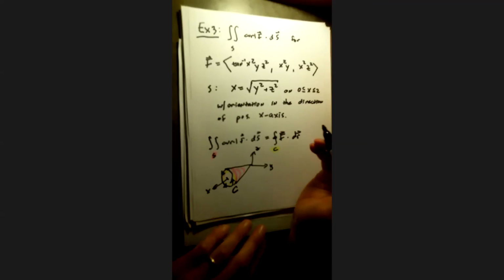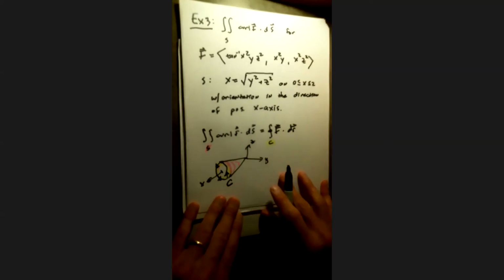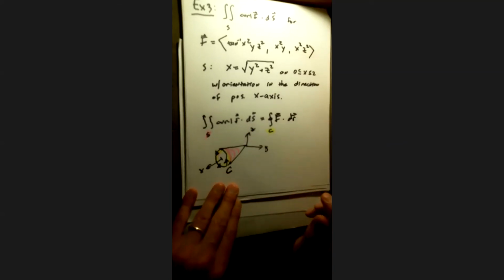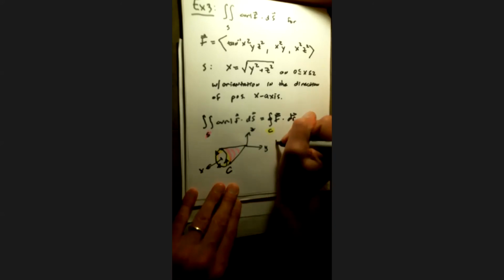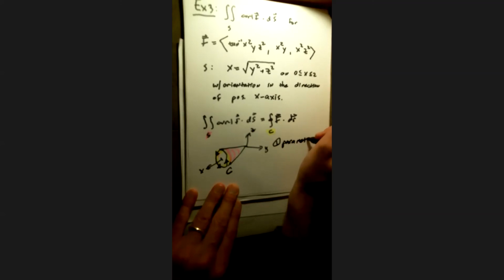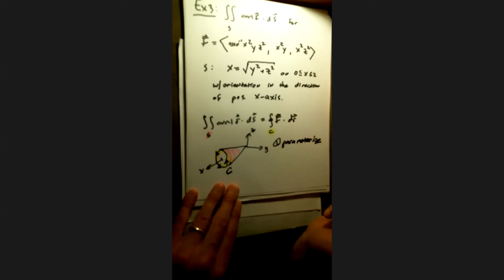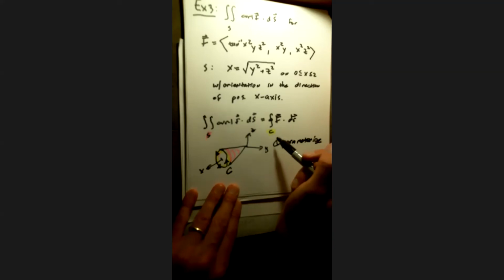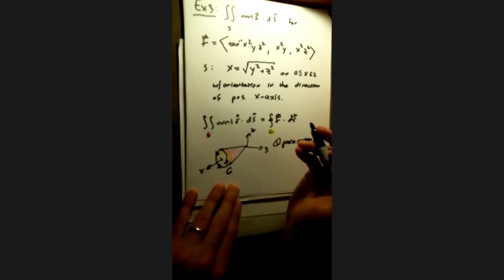Okay, so we have our picture. What do we need to do next? Parameterize, exactly. And how many parameters are we going to need, 1 or 2? 1, because we're parameterizing a curve and not a surface.